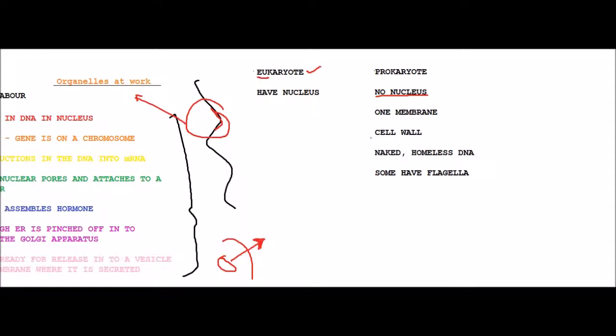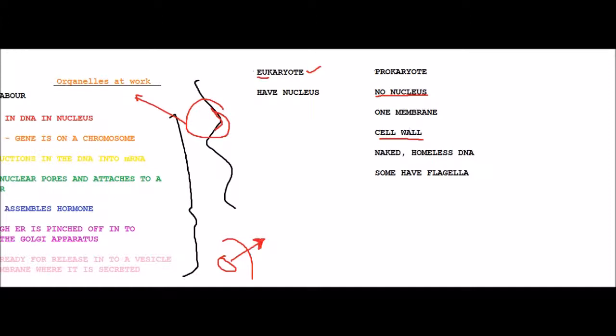It has a cell wall, but it's not made out of cellulose. It is made out of peptidoglycan. You just have to kind of remember that, peptidoglycan. It's kind of a nice little word that rolls off your tongue.